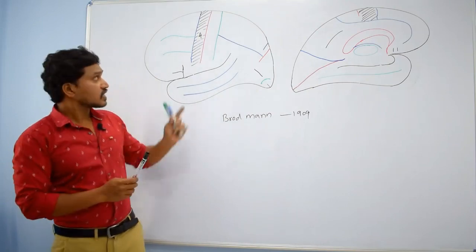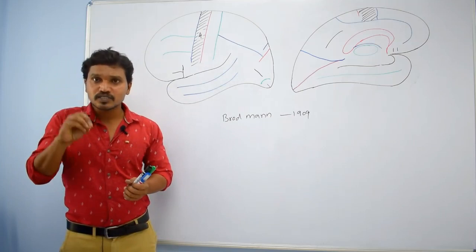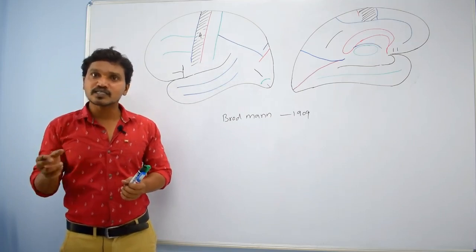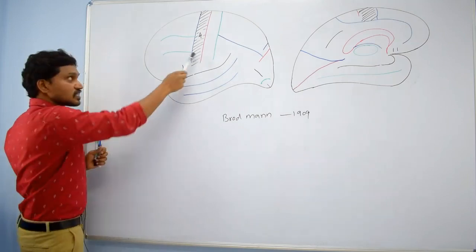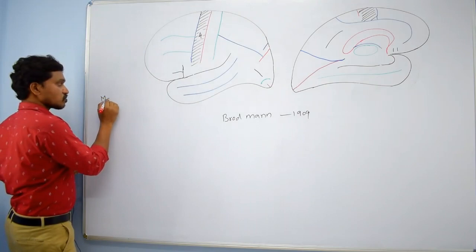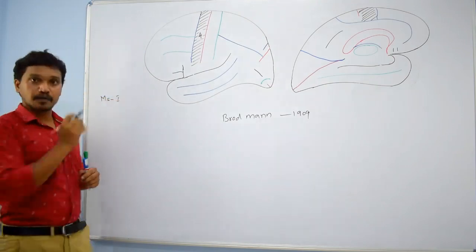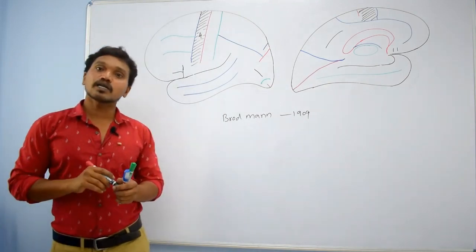Along with that, they found some tingling sensation. That means sensory, right? That's why we call this region MS1, capital M, small s 1, motor and sensory, but predominantly motor.